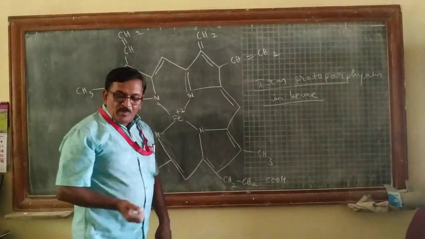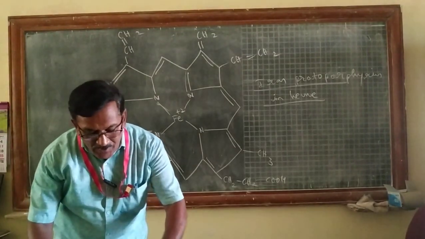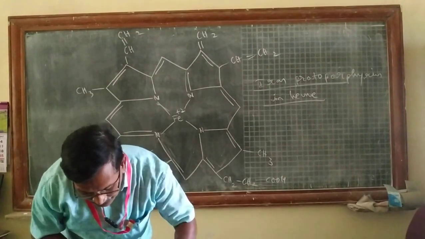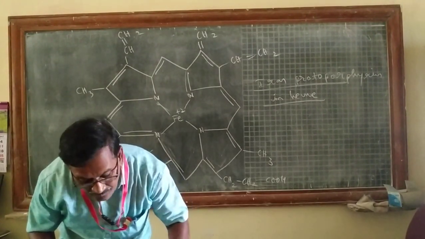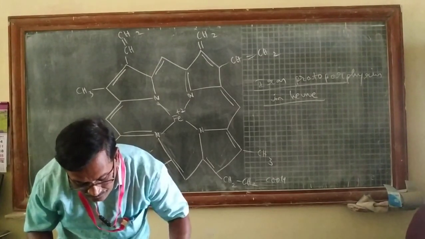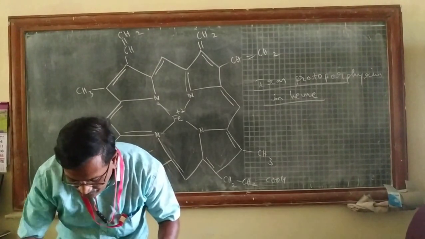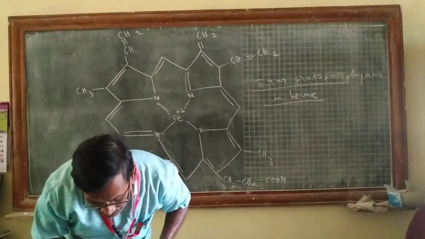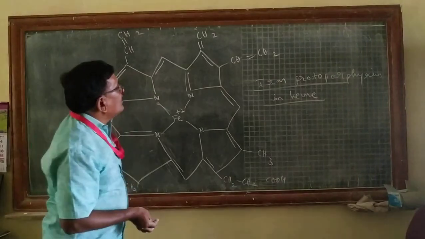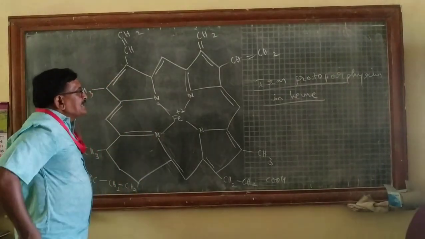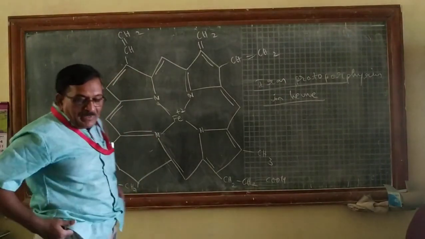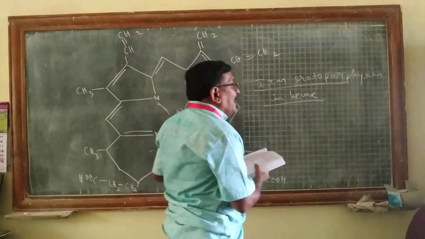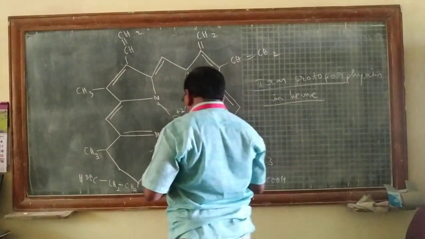So this is called the porphyrin system. The next is the iron porphyrins, the hemoglobin and myoglobin.